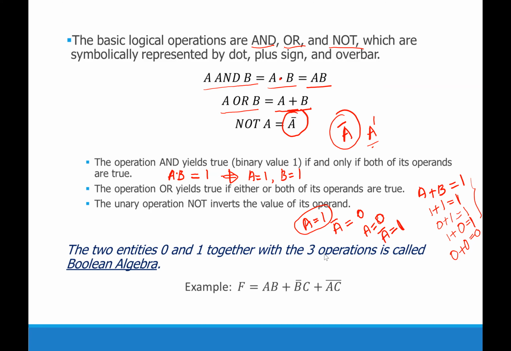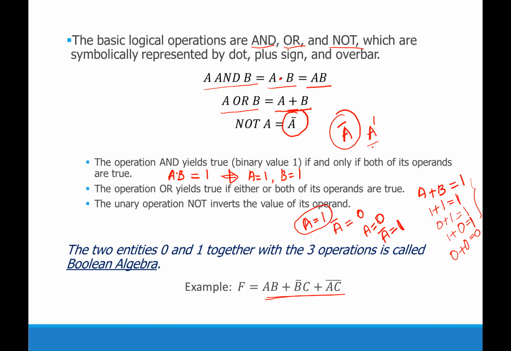If we combine those operations and the variables, now here we have Boolean algebra. So we can consider this as a Boolean expression, okay? Now here we have how many variables? You can see how many variables. Here we have 3 variables, A, B, and C.